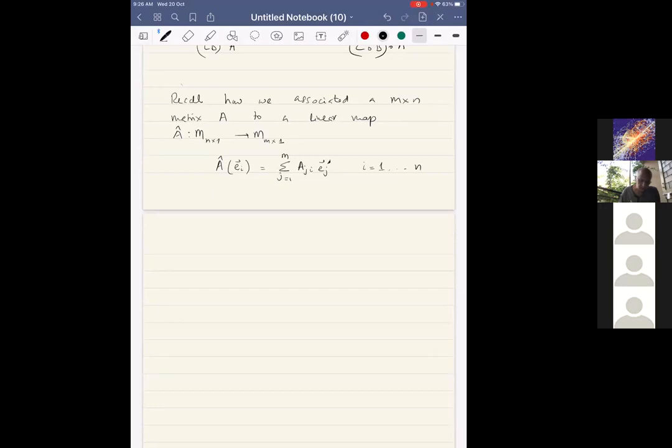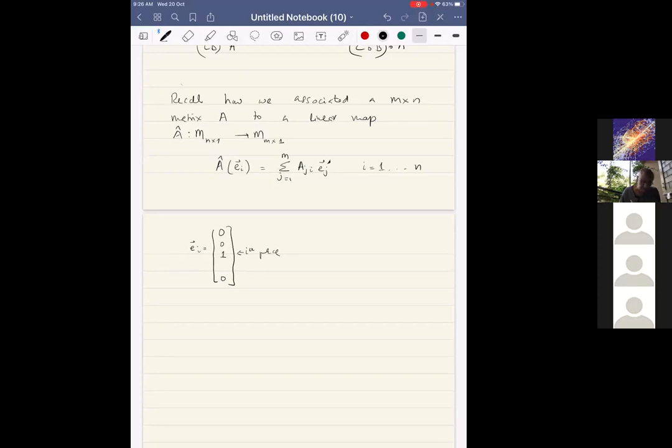What is E_i? E_i is the vector 0, 0, 1 in the ith place, 0. What is the length of this?